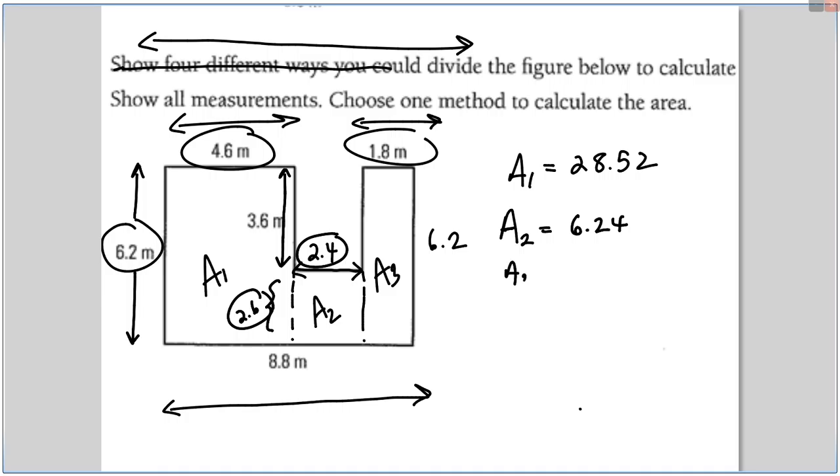And the last is the area 3, and these are both known to us, so 1.8 and 6.2 times those two together get 11.16. Let's add these all up, and area total is .92 square meters.